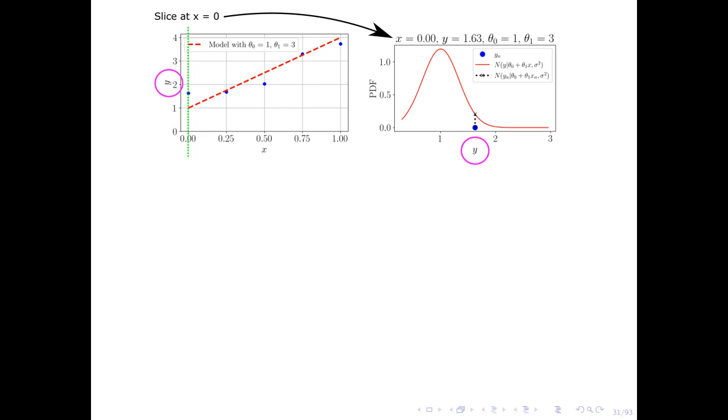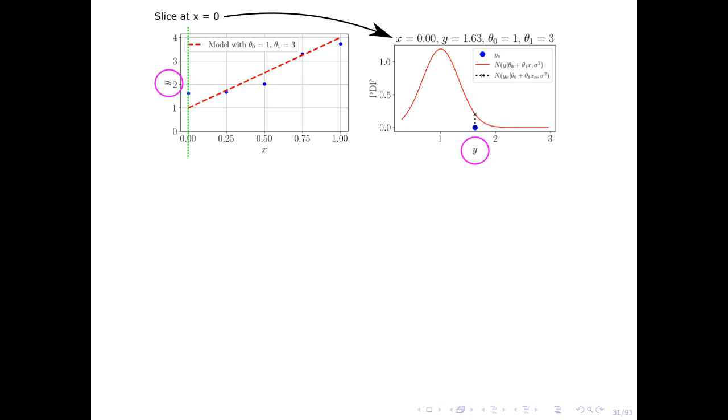So we can plot the PDF of this distribution over y. It's exactly what I did here on the board. This distribution was over y for a given x. If we change the x value, this distribution might shift up or down, depending on how the model looks.